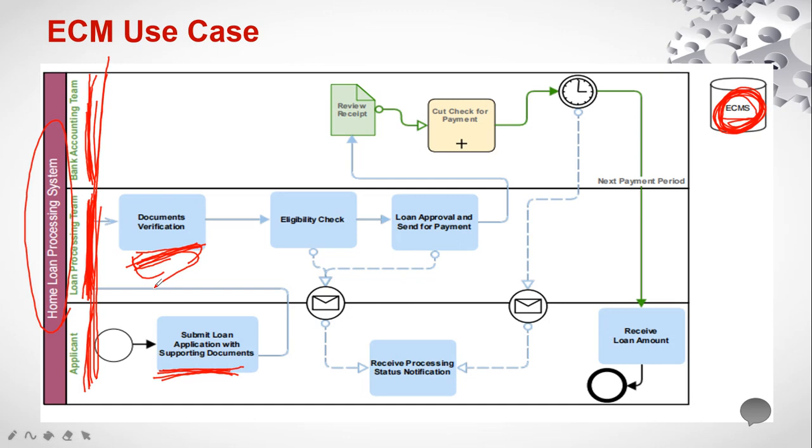Let's give this example: the bank has put a process in place that once the application and documents are received at the bank end, there will be one team that will verify the documents. Whatever documents came as part of the loan application, they will verify the authenticity. Are these genuine documents or not, are these the documents required for the home loan application form, or are any other things missing? If so, they will ask the applicant to submit the missing documents.